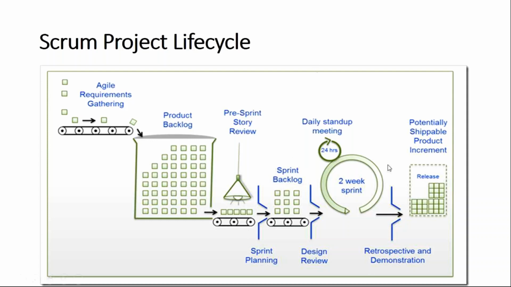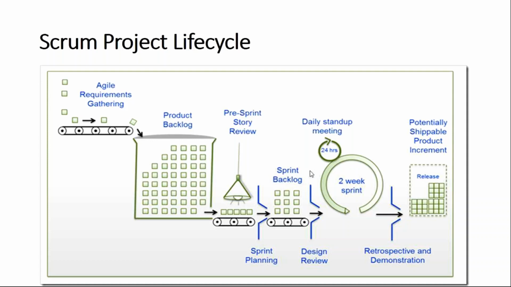Every day there is a daily stand-up meeting. The team comes and says what they are working on, what they achieved yesterday, and what the plan is for today. If there is any roadblock, they highlight it to the Scrum Master to get help.